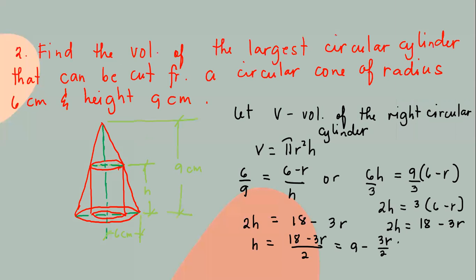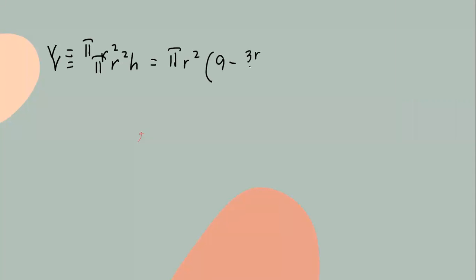So V is equal to pi r squared h, which is equal to pi r squared. Our h is 9 minus 3r over 2. Then let's simplify.